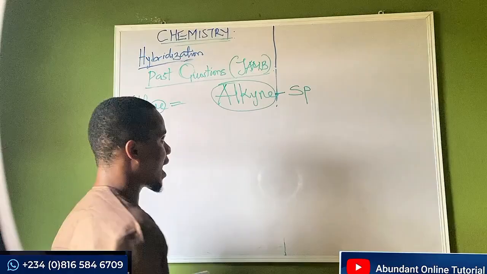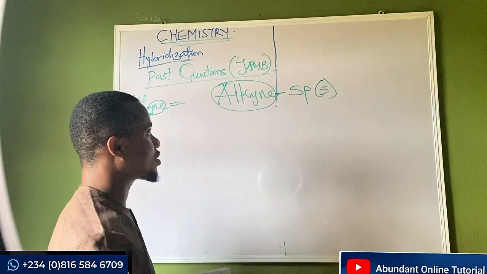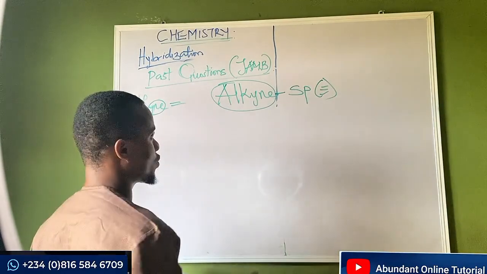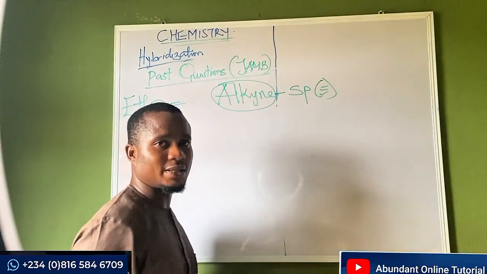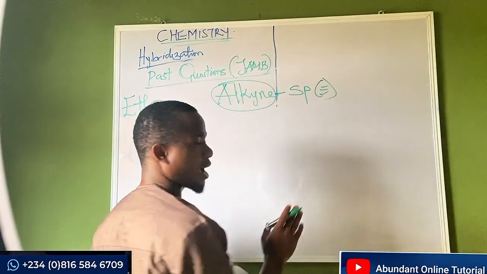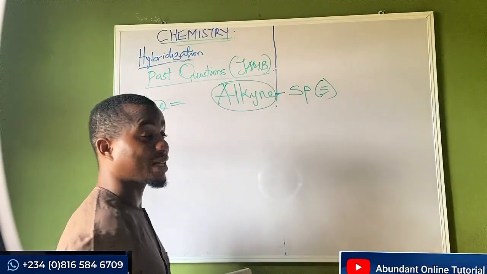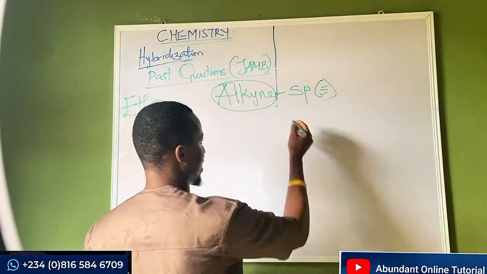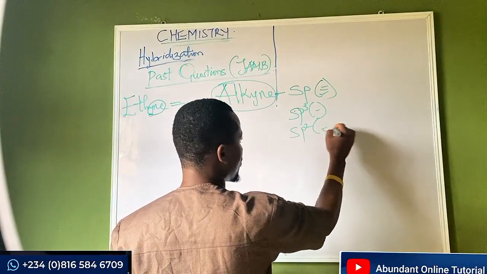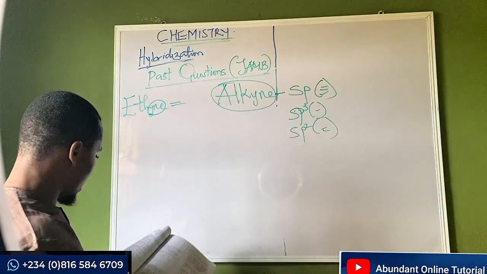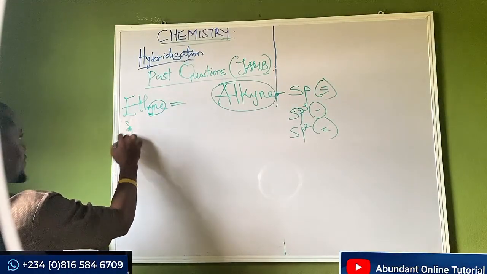Remember that alkyne has a triple bond. So any compound that is triple bonded has sp hybridization. If it is single bonded, it has sp3. sp3 for single bond, sp2 for double bond. So the question says the carbon atoms in ethyne are what? The correct answer is A.